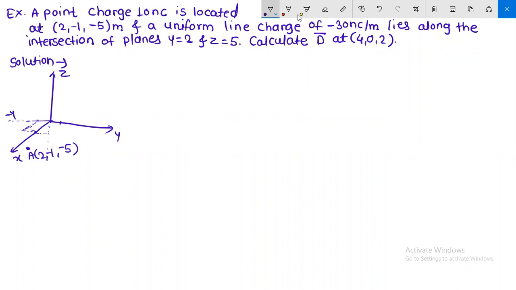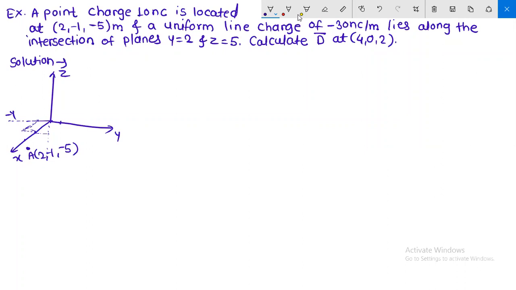And a uniform line charge of -30 nanocoulomb lies along the intersection of planes. Okay, we'll see after the first calculation. Find D bar at (4, 0, 2). So x is 4, y is 0 and z is equal to 2, means the point is in which plane? X and z plane only.